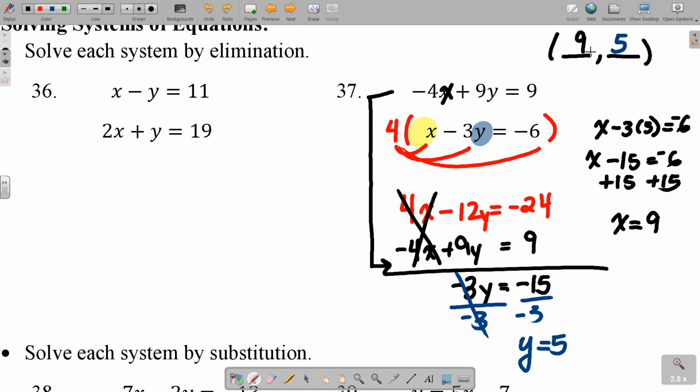Solving systems of equations by elimination. So the fix there was that there should be an x there.